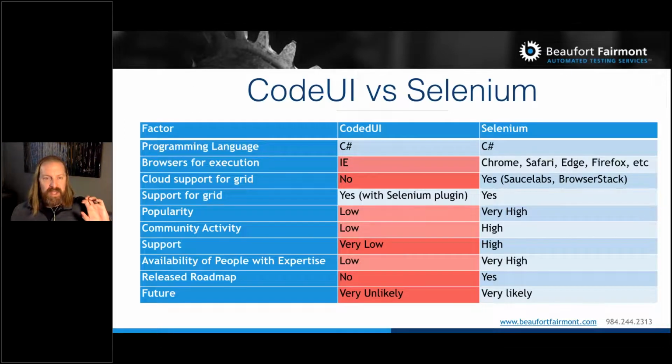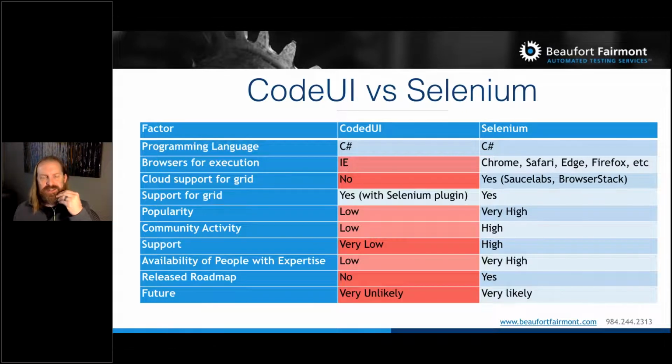And when I put something like this together for one of the clients, this is an example. This was kind of a matrix for the constraints that we had involved here. And you'll notice some things right away. Support for browser execution with CodedUI was only IE. You had to use the Selenium WebDriver library, some type of adapter, to drive any other browser, which, why would you use that adapter if you're not going to use the product to begin with?